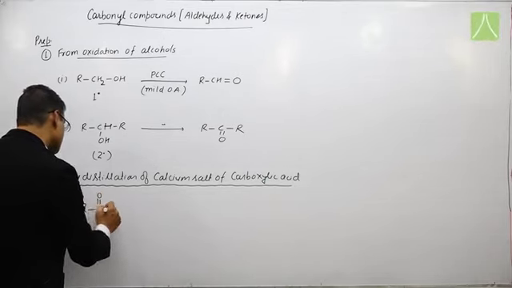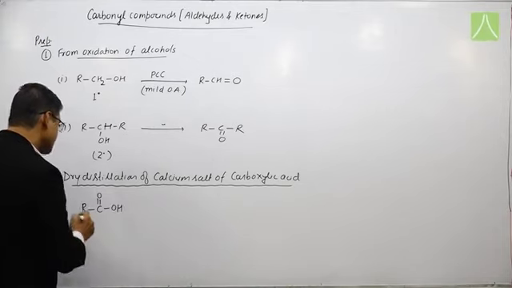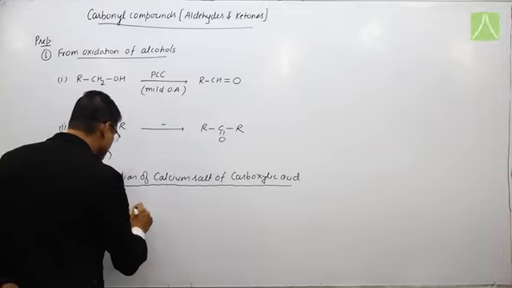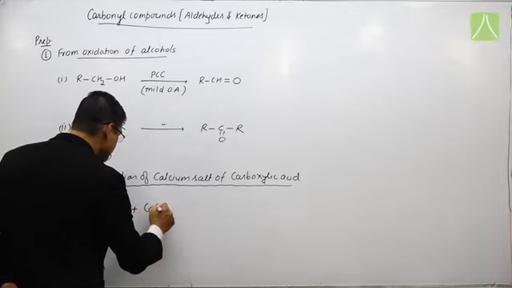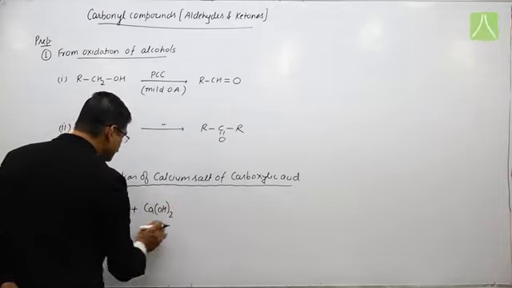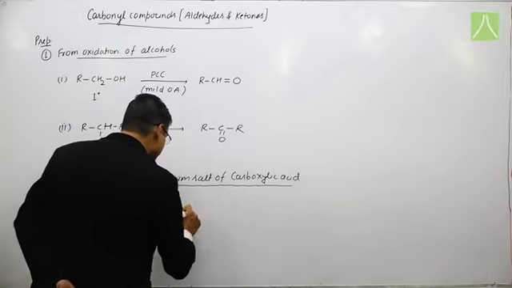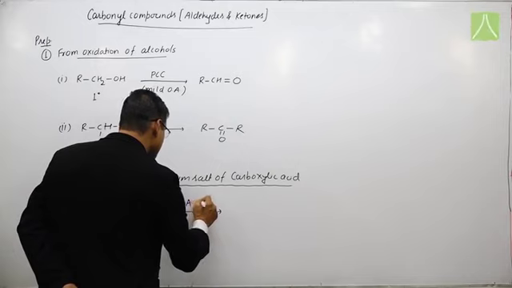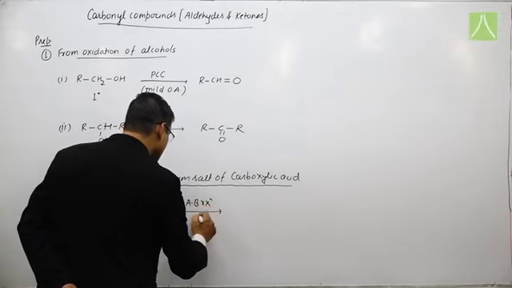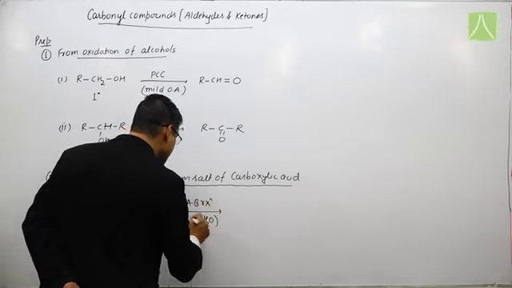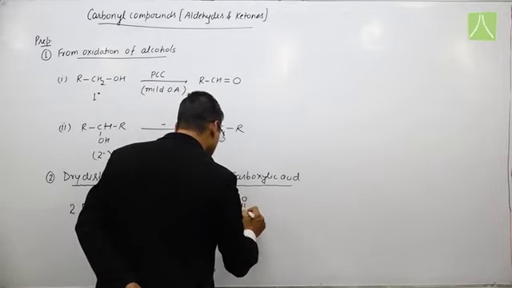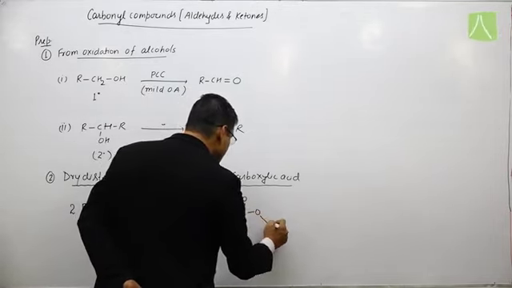Suppose I take a carboxylic acid, 2 molecules are taken. On reaction with calcium hydroxide, that is slaked lime, this is the acid base reaction, water is eliminated. The calcium salt is obtained.